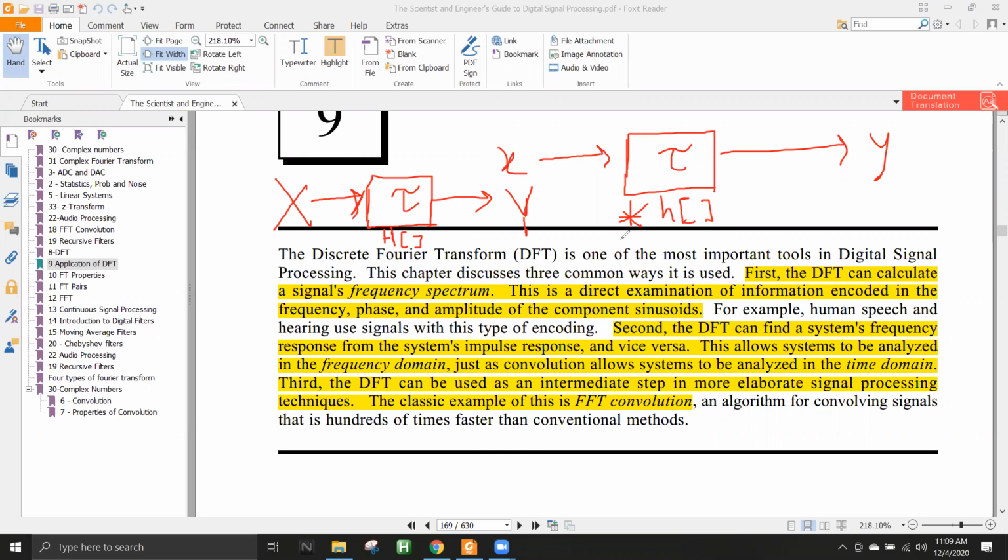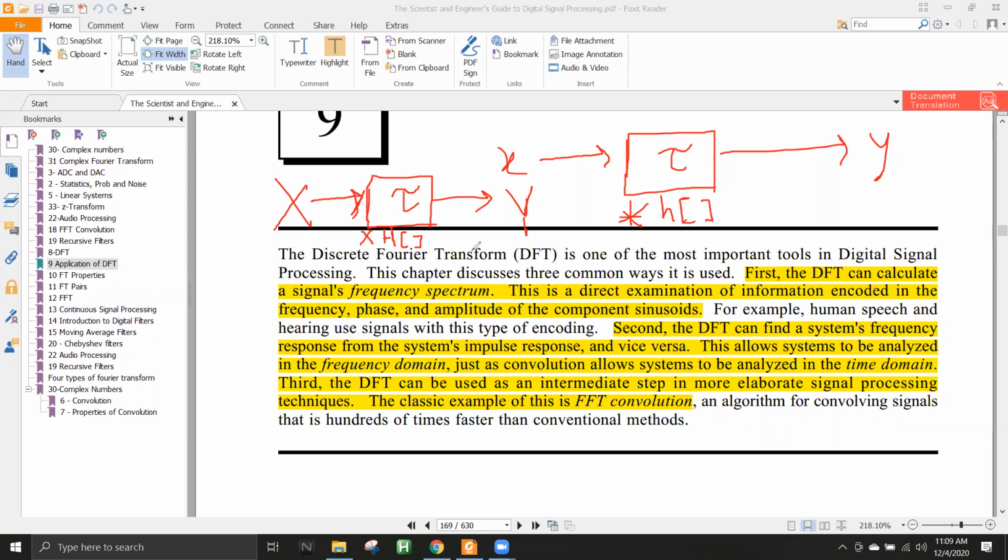So just a heads up, since in the time domain we have told you that it performs convolution, in the frequency domain one can only guess that it will do multiplication, because in the previous chapter, chapter 8 DFT, at the later part, we have discussed the duality of time domain and frequency domain.